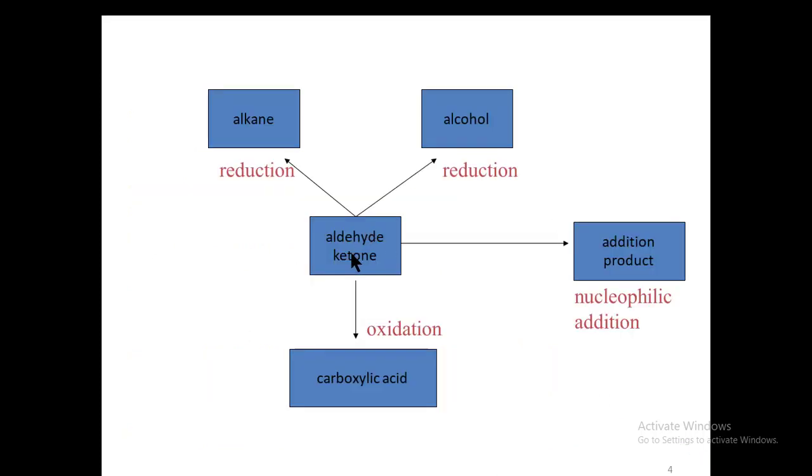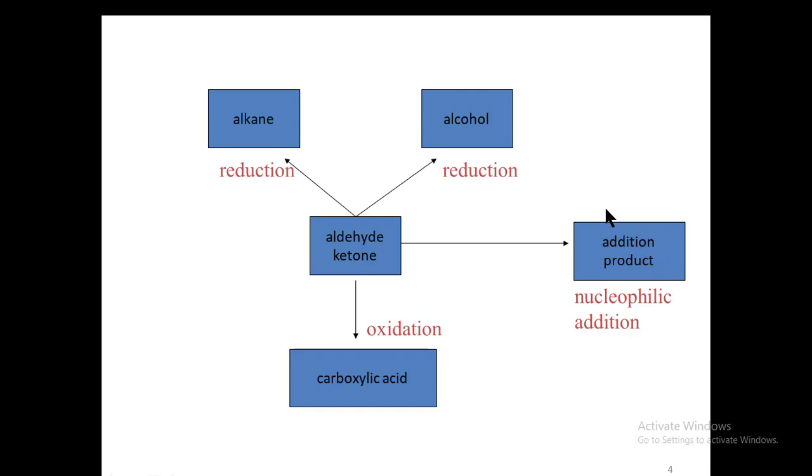Look at this. This is aldehyde and ketone. Aldehydes and ketones can be reduced into alcohol. Aldehydes and ketones can also be reduced into the corresponding alkane. Similarly, aldehydes and ketones can be oxidized into carboxylic acid, and they undergo nucleophilic addition reactions which give an addition product.